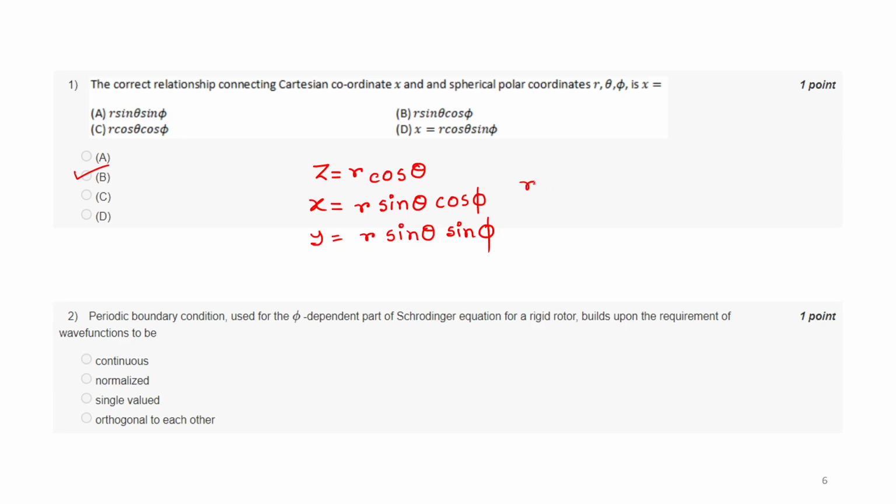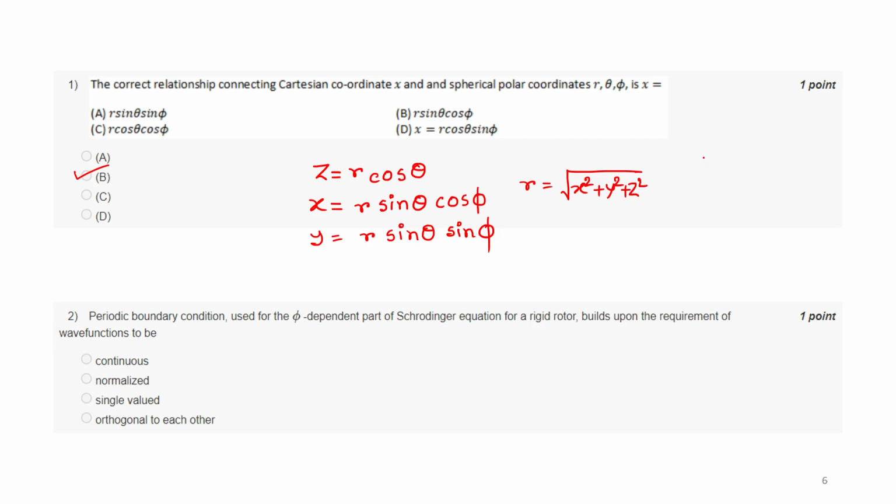And r is root over x square plus y square plus z square, and there are many others. Theta would be cos inverse z by r. Those things are already there. And one more very important thing that I missed out in the discussion about the polar coordinates: r can go from 0 to infinity.